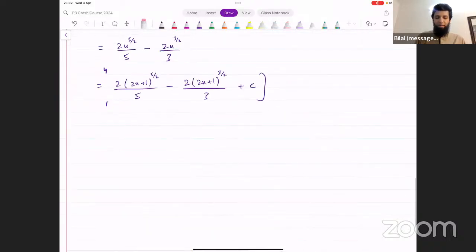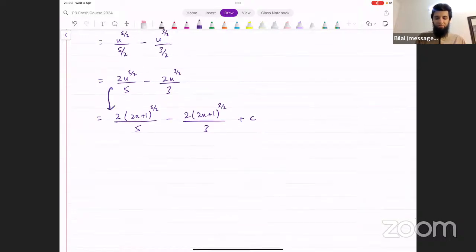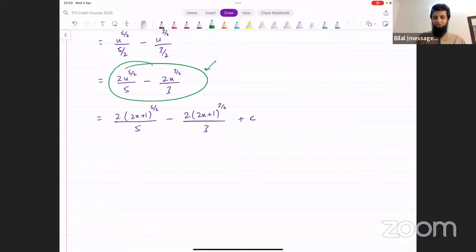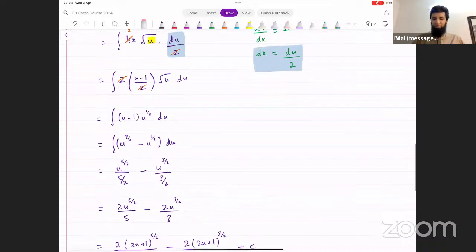But often what we do instead is, we don't do this conversion and we just input limits in this function here. But since the limits originally are supposed to be values of x, if we want to input them in place of u here, we first have to convert those limits to something in terms of u as well.